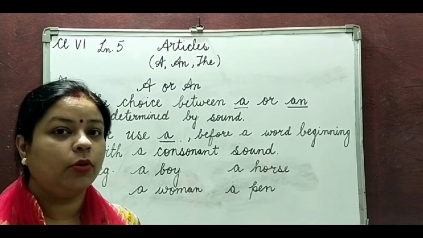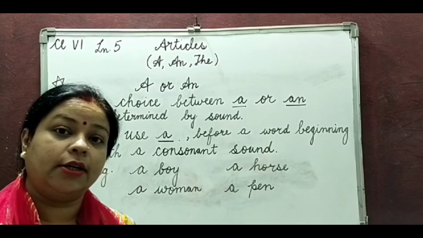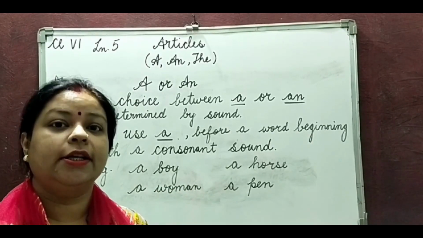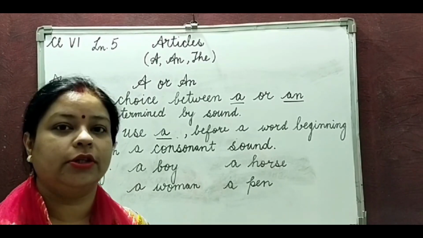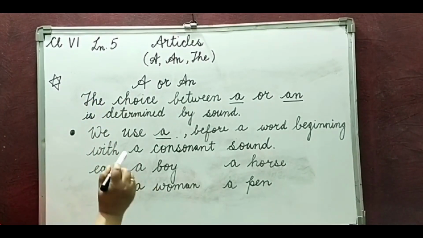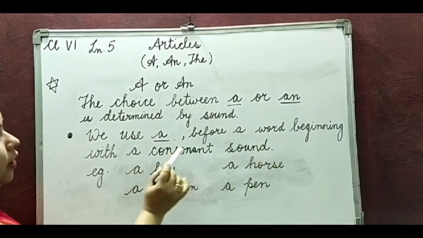So the most important thing is to pay attention whether the word starts with a vowel sound or it starts with a consonant sound. After that, here we will see that we use a before a word beginning with a consonant sound.